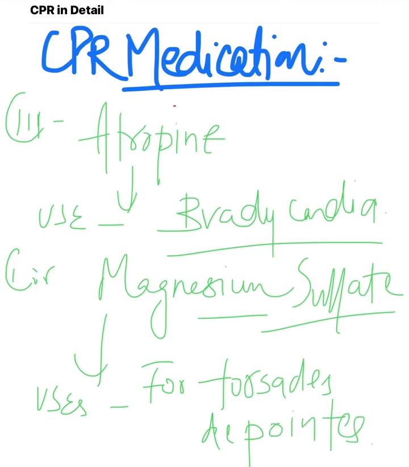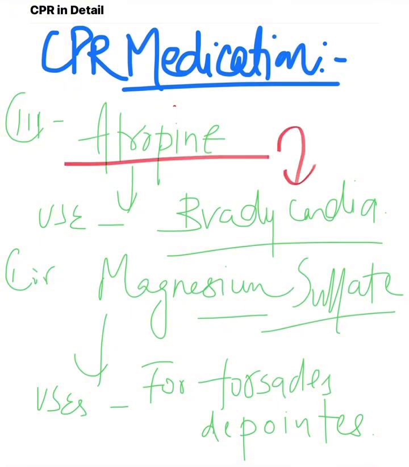Third one is atropine, used in bradycardia. Fourth one is magnesium sulfate, used in torsades de pointes. These are the medications: first epinephrine, second amiodarone, third atropine, and fourth magnesium sulfate.